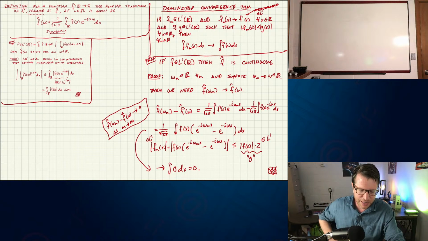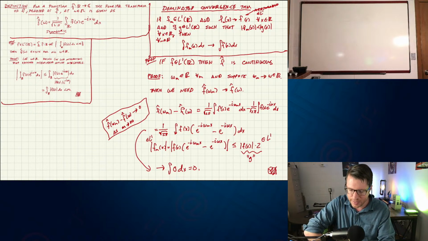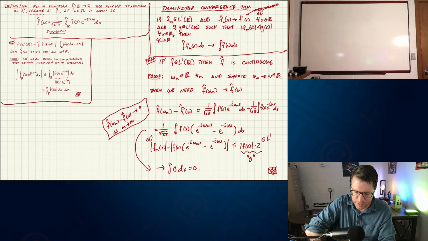Something I mentioned while we're looking at it is that in order to get continuity of the Fourier transform, we actually just needed to leverage the continuity of the exponential function. That's something really common with anything you're going to be doing with the Fourier transform.